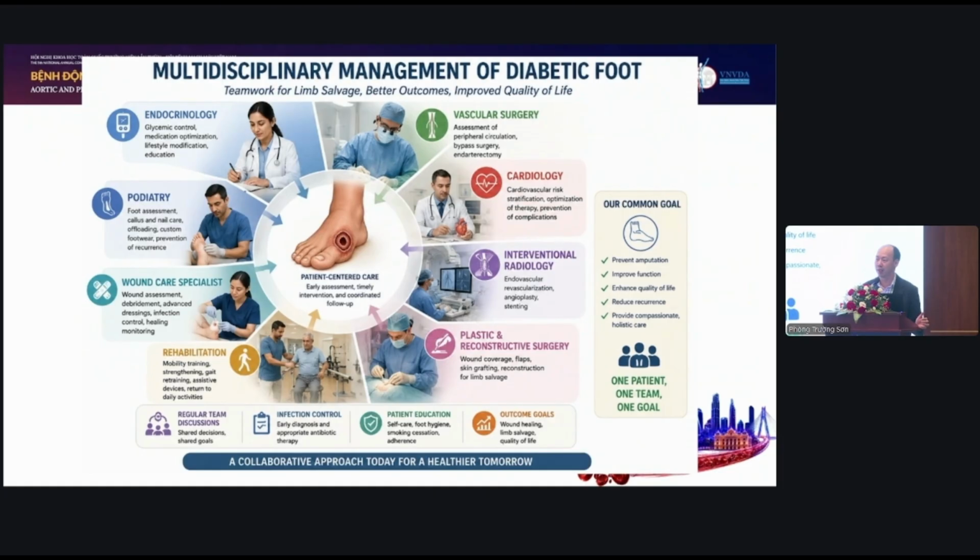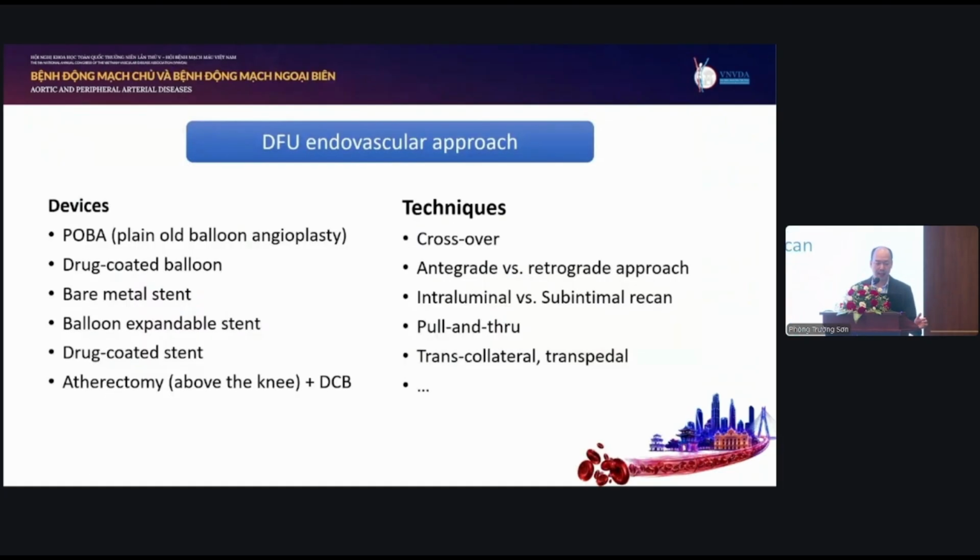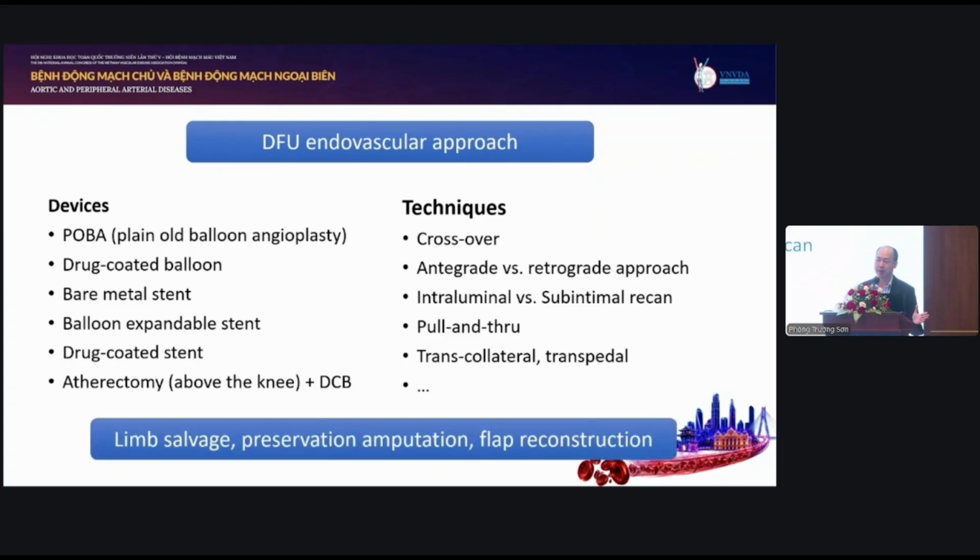For the endovascular approach, we can use simple POBA, drug-coated balloon, bare metal stent, drug-eluting stent, and more recently, as we just implemented in our hospital, an atherectomy device plus DCB. We set different goals for limb salvage, preservation, amputation, or flap reconstruction, and that's what we discuss with the clinician.